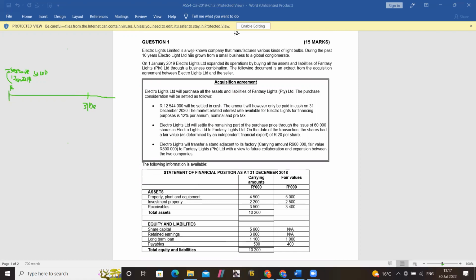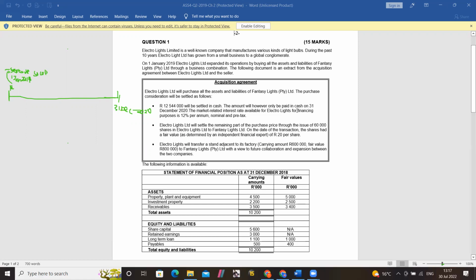Okay, now let's not put it here, let's put it even further. So 31 December 2020, right? That's basically 2 years after the date of acquisition. Do you see that's when the cash will be paid? This 12 million, that's when it will be paid, right?